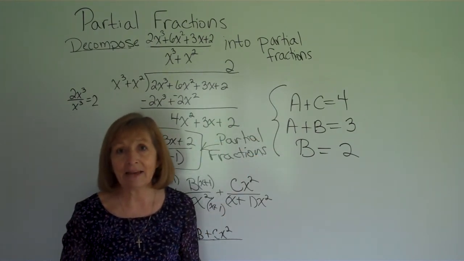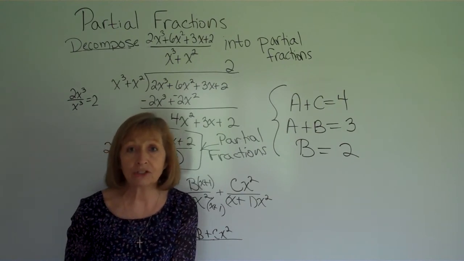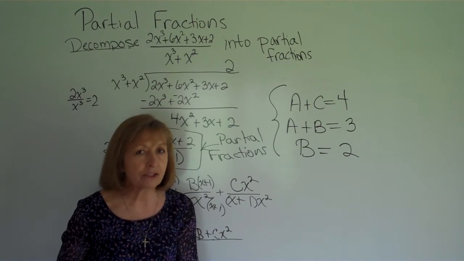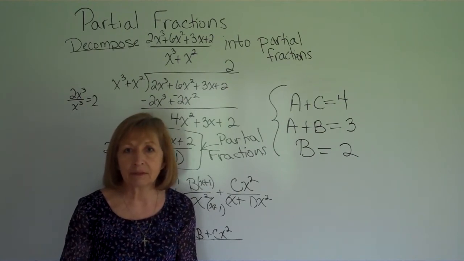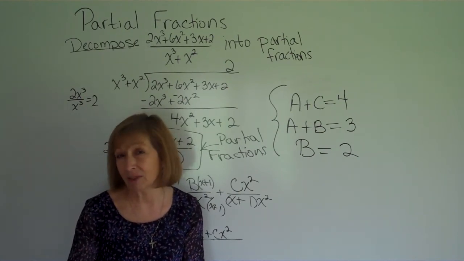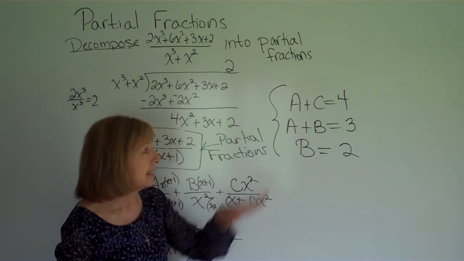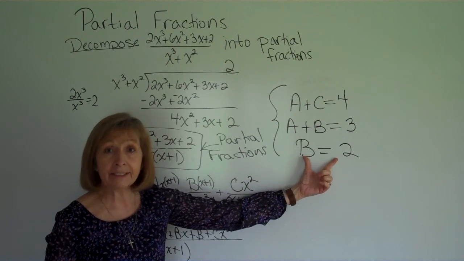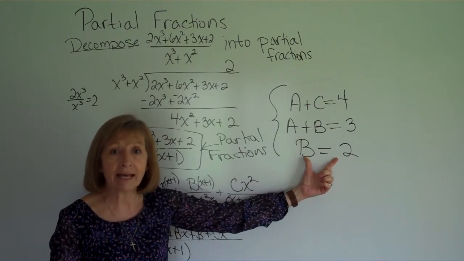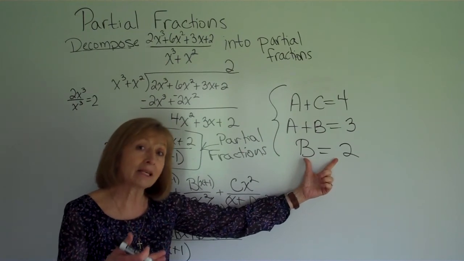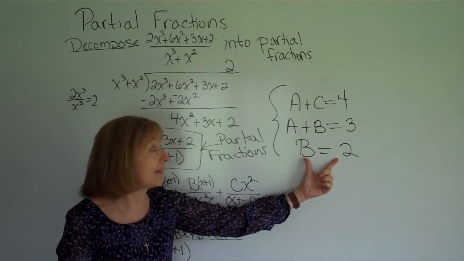I have the situation where while I could solve this by elimination by addition, by substitution, by Gauss-Jordan elimination, by matrix inverse method, by Cramer's rule, I've got all those options. This worked out where I already know one of the values. B is equal to 2. And so I can back substitute this really quickly to get my other values.